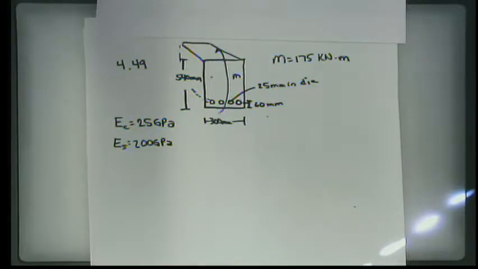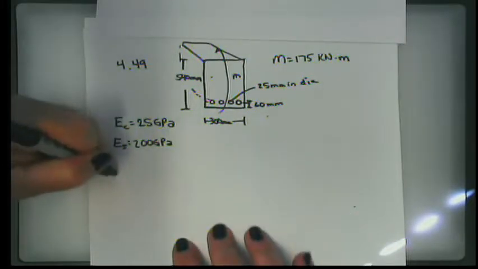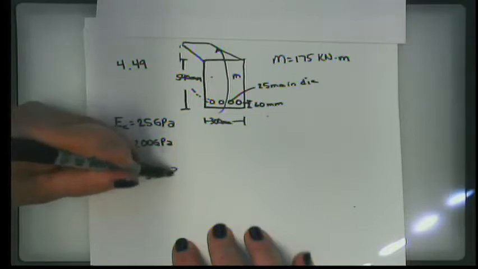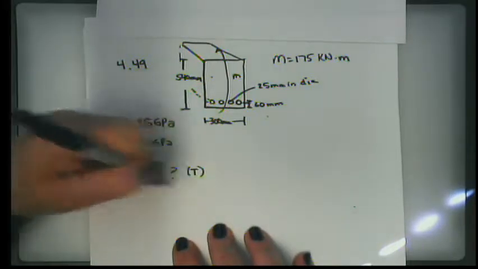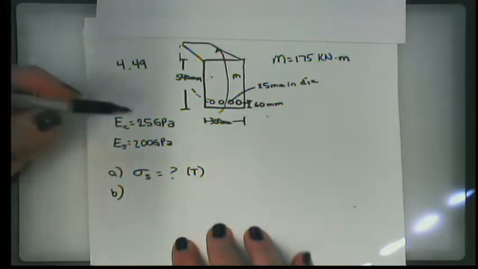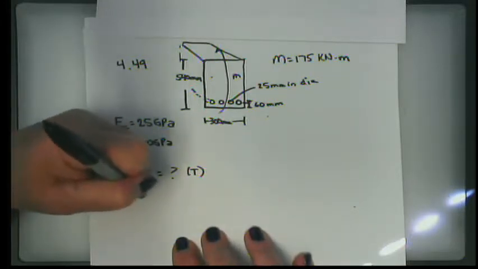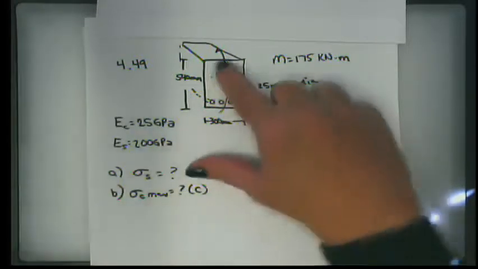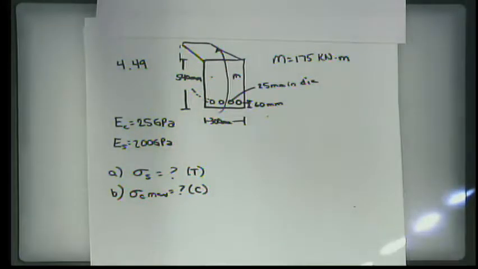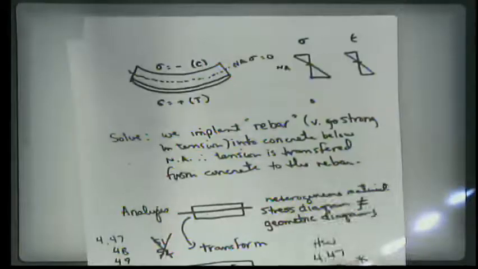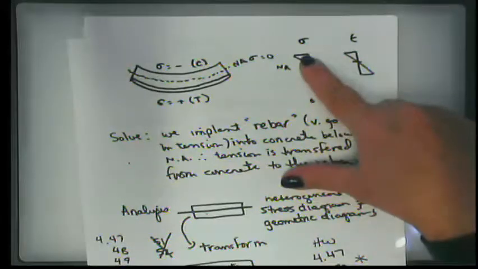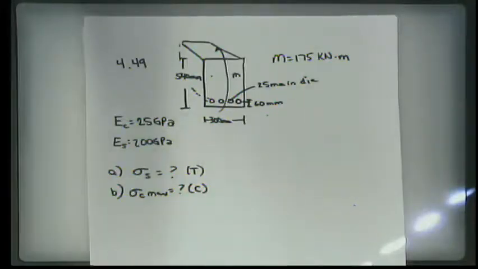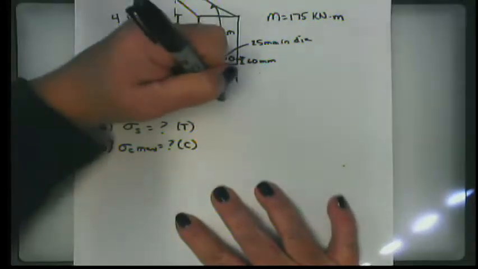It asks us to find the stress in the steel, and that's of course going to be in tension, and the maximum stress in the concrete, which is going to occur at the top of the slab. Okay? Just like we said, once again, we get back to that little graph, linear, the maximum compression is at the top of the slab. All right, so we can go back and look at problem 4.44, and the first thing that we do is we transform the section.